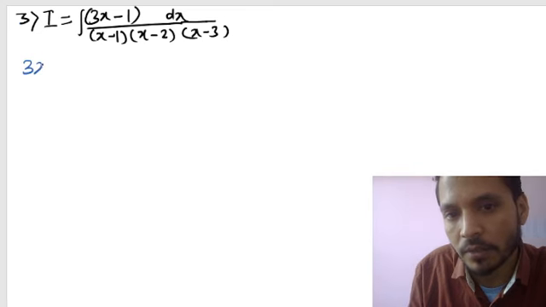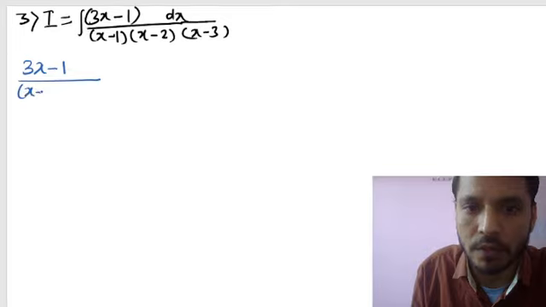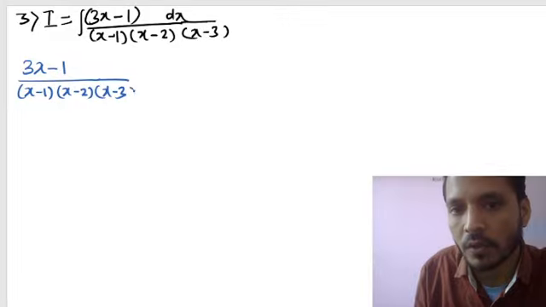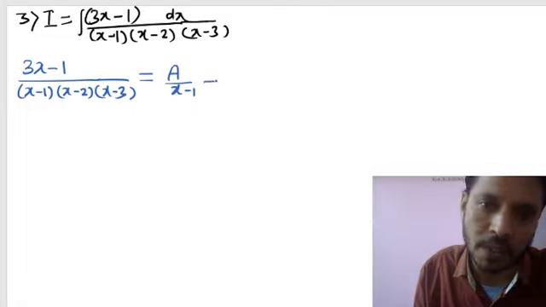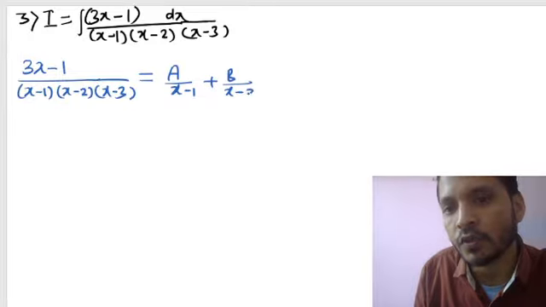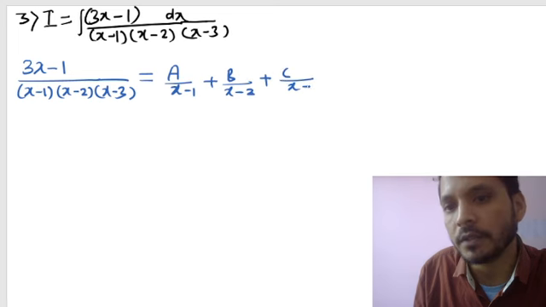So this will become (3x minus 1) divided by (x minus 1) into (x minus 2) into (x minus 3). Right, now this can be written as a upon (x minus 1) plus b upon (x minus 2), and then this can be written as plus c upon (x minus 3).